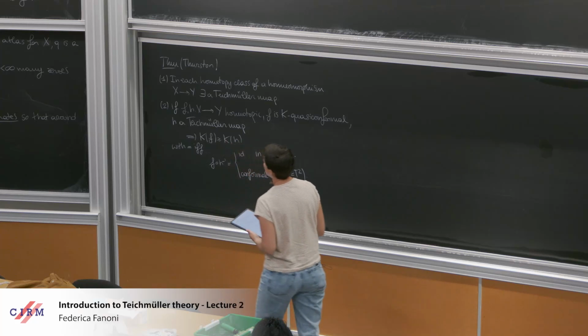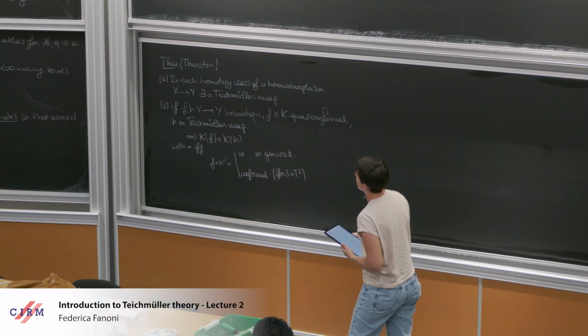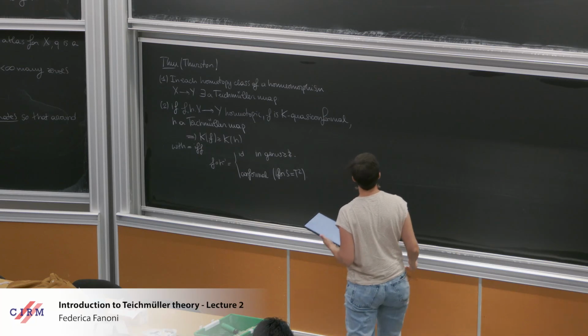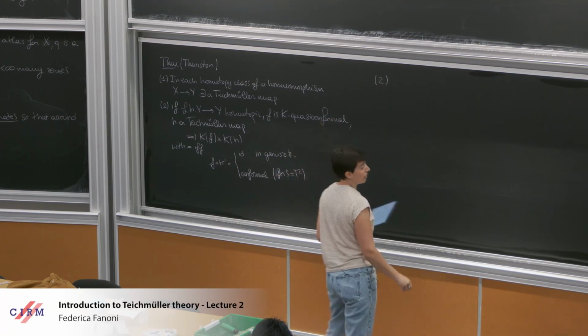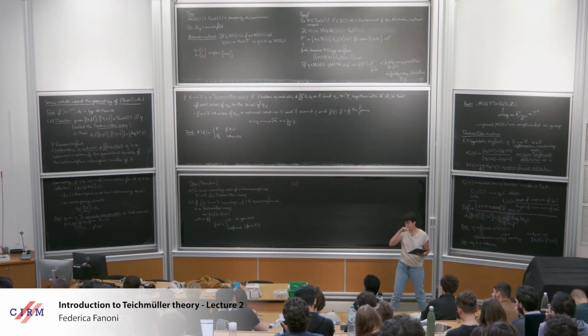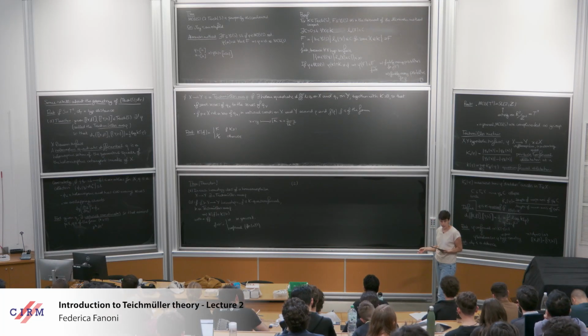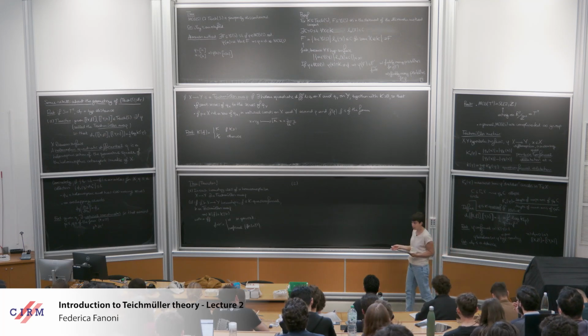Okay, so this was the first result. It's per se not yet the result about the geometry, but it tells you how to construct, for instance, geodesics between points in Teichmüller space. The second thing: I told you that in the case of the torus, Teichmüller space is the hyperbolic space, so it's negatively curved.